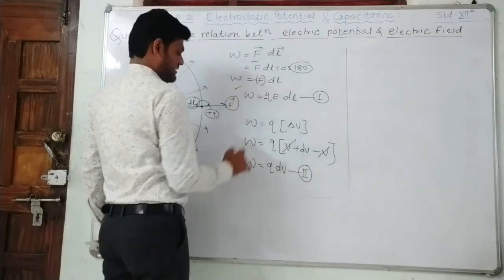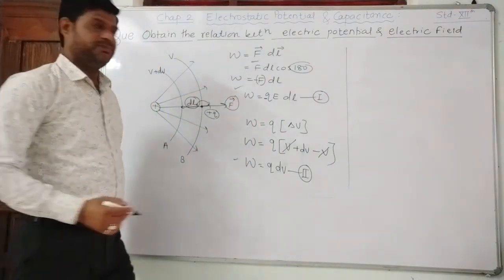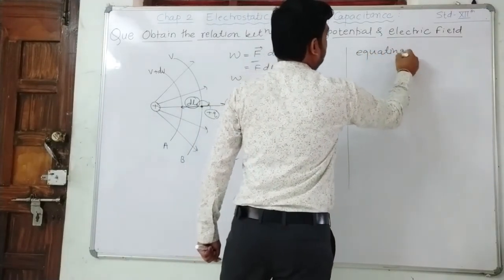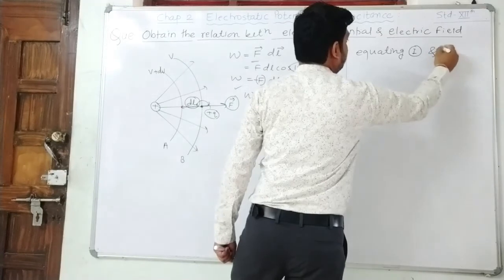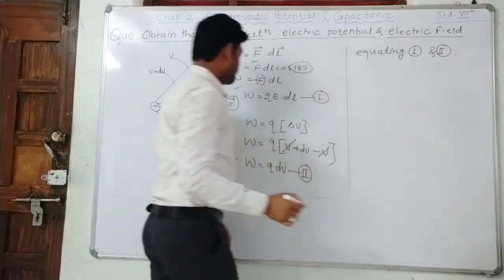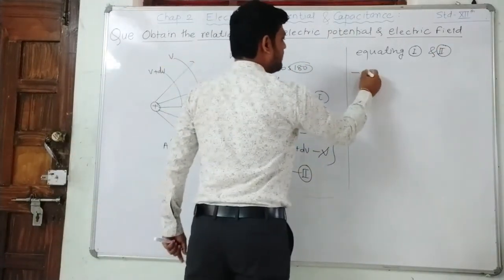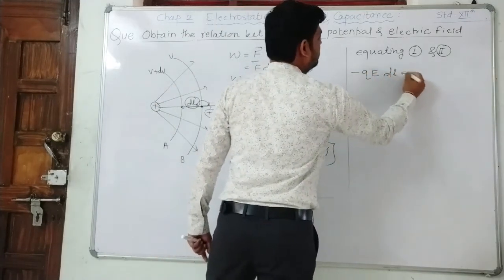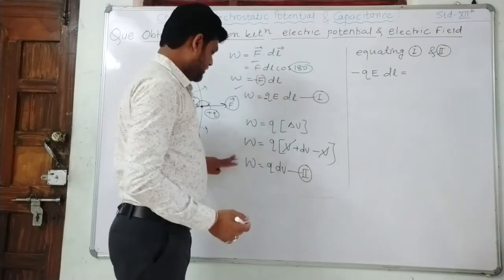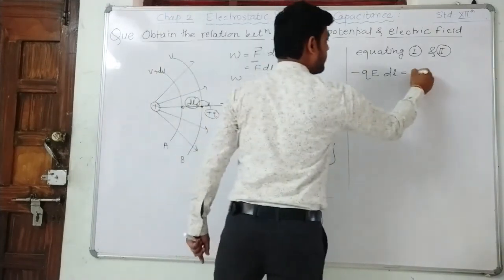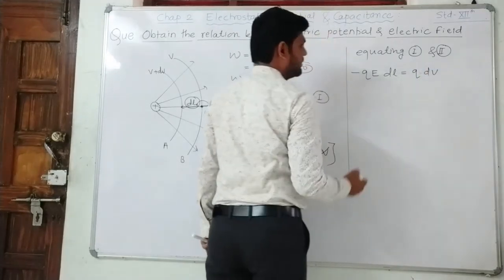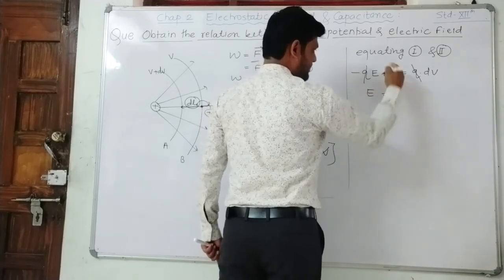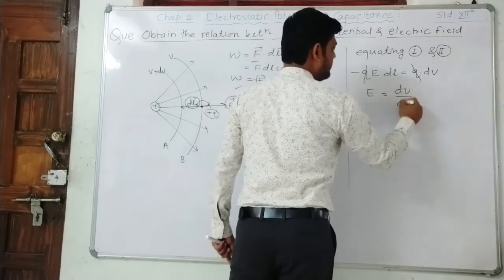This is also work done. So equating equations 1 and 2: minus Q E dl equals Q dV. Here the Q gets cancelled. So E equals minus dV by dl.